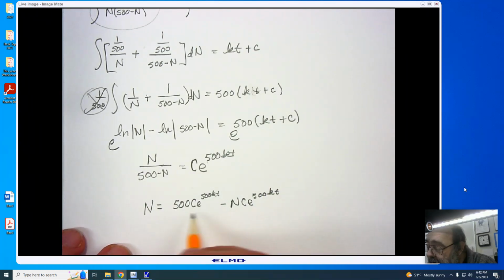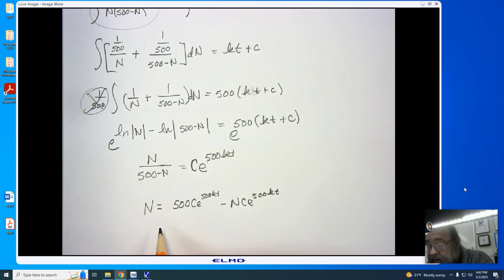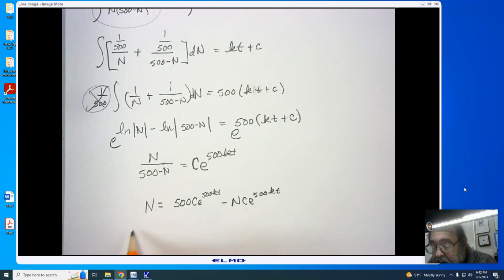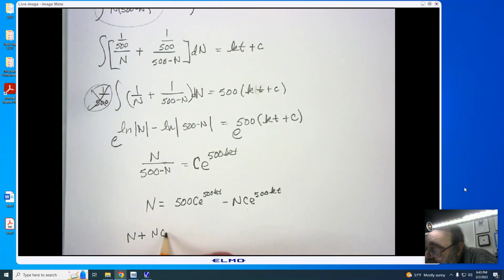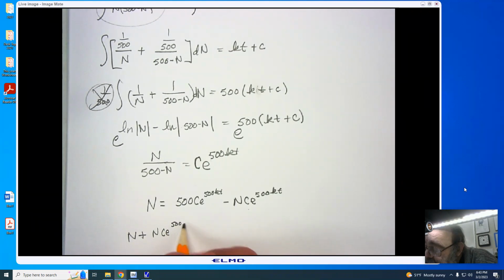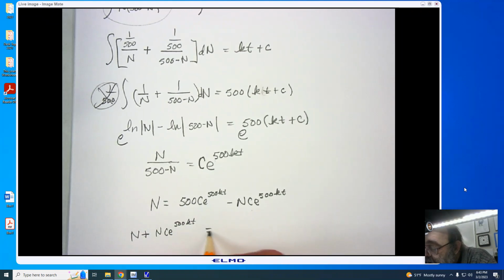We're now going to factor out, we're going to move this piece over so that we end up with n plus nce to the 500 kt power is equal to 500 ce to the 500 kt.